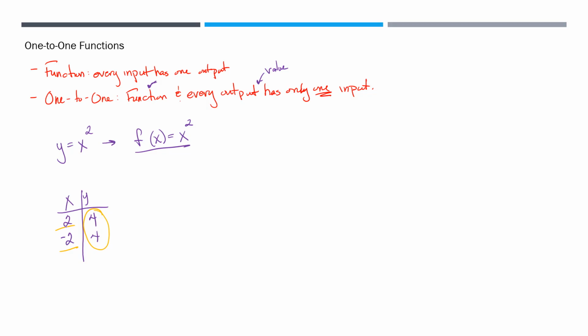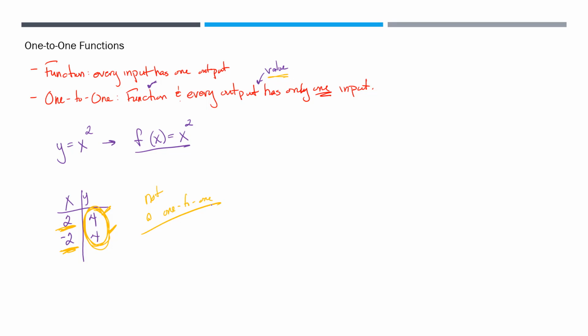Every output's value comes from a single input. These 2 outputs are the exact same number, and they come from 2 different inputs. This is not a one-to-one function. Okay? It's not.